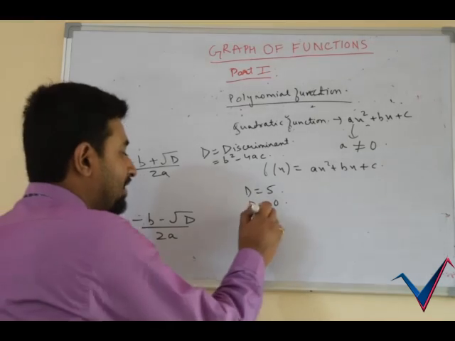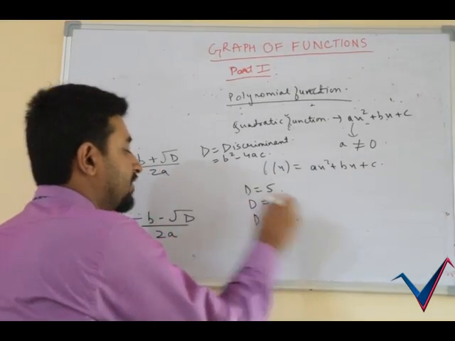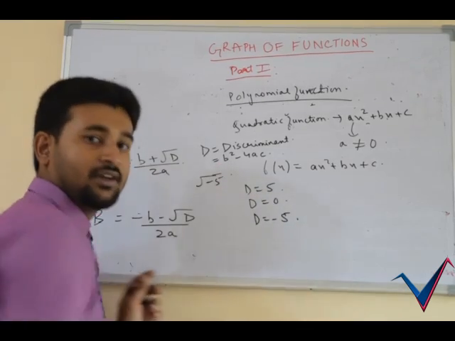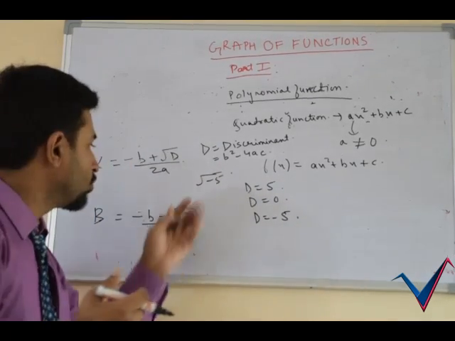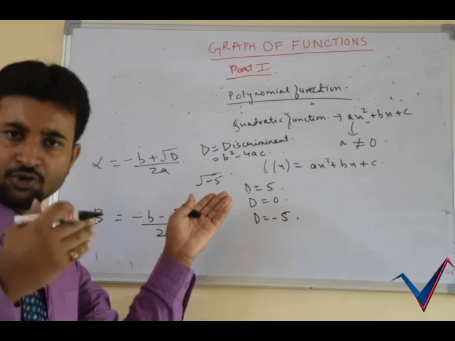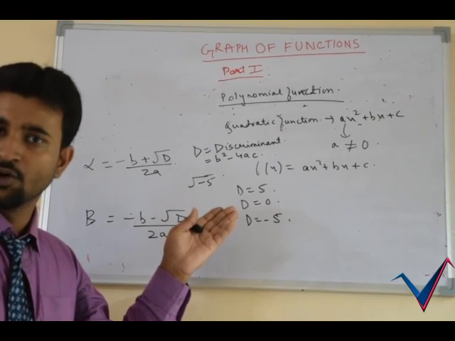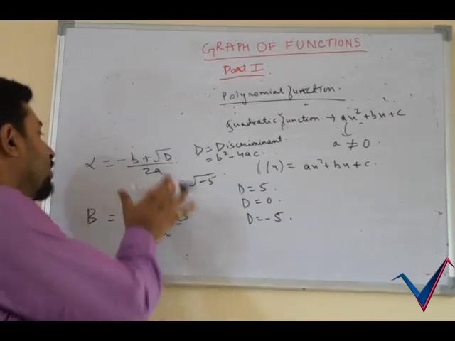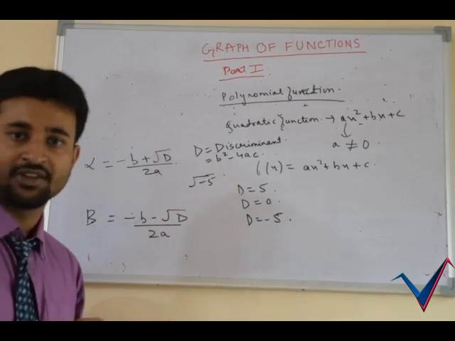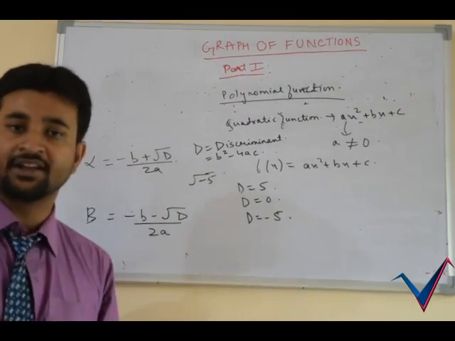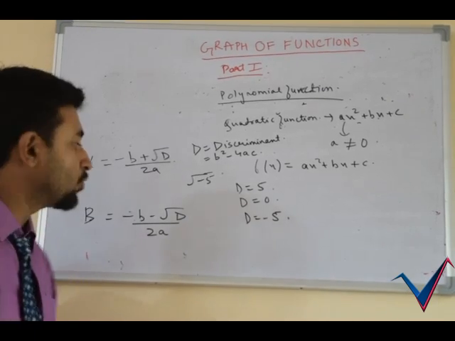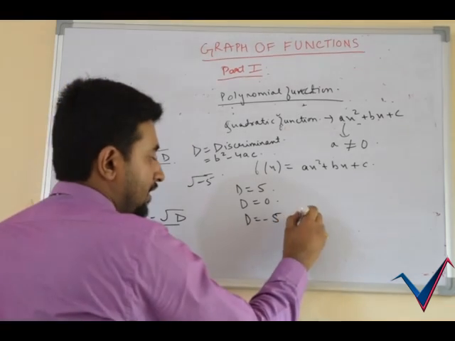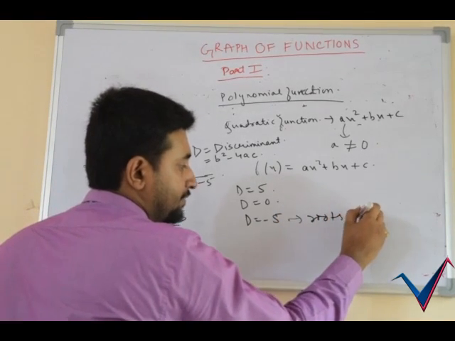Suppose d is equal to minus 5. What would you get here? You would get minus root 5. Have you studied the root of a negative number? Is the root of a negative number defined? No, it's not defined. It's not real actually. So you won't get any real value of x here, because there is no value for the under root of minus 5. In this case the roots, alpha and beta, won't be real.